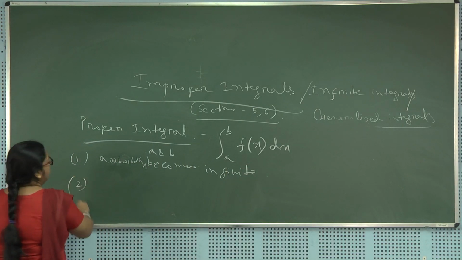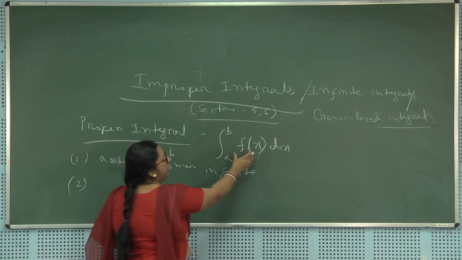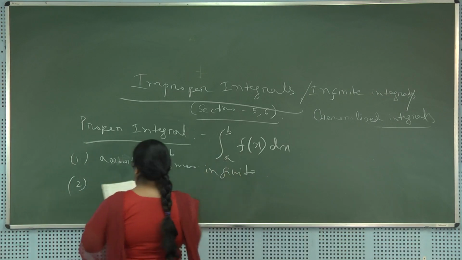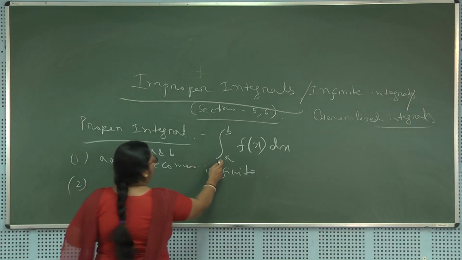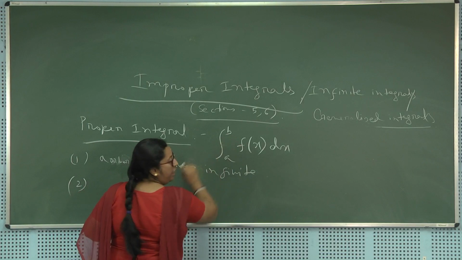Another case may be that a and b are finite, but the function becomes unbounded at some point, either at a or b or some point within a b.